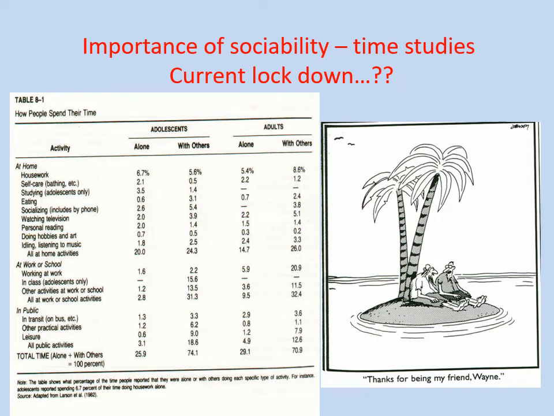Empirical studies also show that humans are intensely social creatures. This is a survey simply looking at how much time adolescents and adults spend in the company of others as against alone. As you find at the bottom of the graph, adolescents spend about 74% of their waking hours in the company of others, and adults about 70.9%.